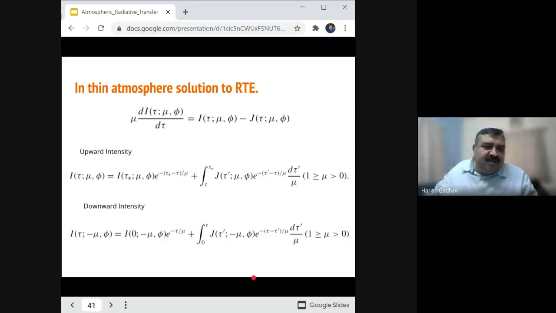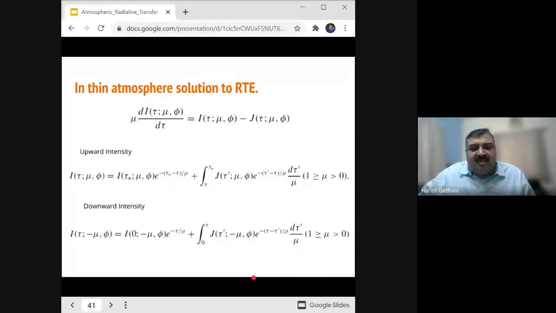Now coming back to the question, which AOD is better, ground-based or satellite-based? Ground-based AOD is much more accurate compared to the satellite AOD. The reason is that when you are using the satellite to estimate the aerosol optical depth, you have to make many assumptions regarding the aerosols.